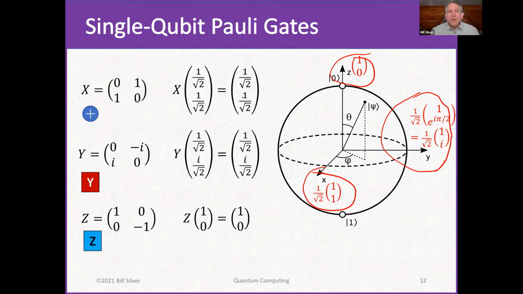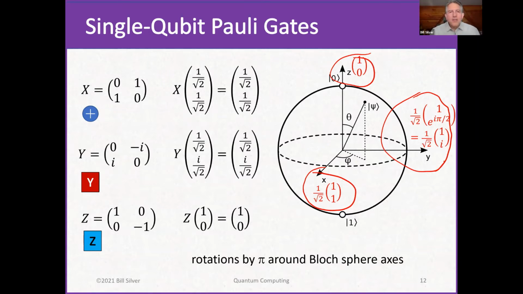So these x, y, and z gates are simply rotations about the x, y, and z axis of the Bloch sphere, and indeed they are rotations by pi, 180 degrees, in the Bloch sphere itself. Again, don't worry too much about whether you're going to remember that, but I just want to give you a sense of how you figure out what these things are rotating in this simple case.